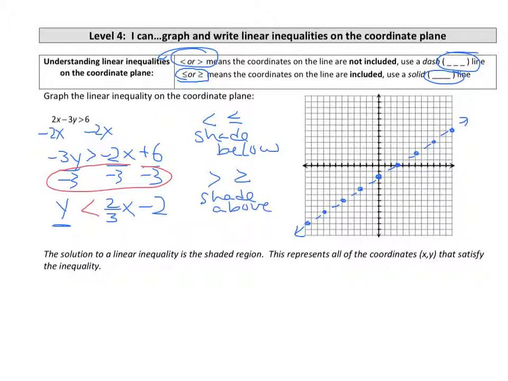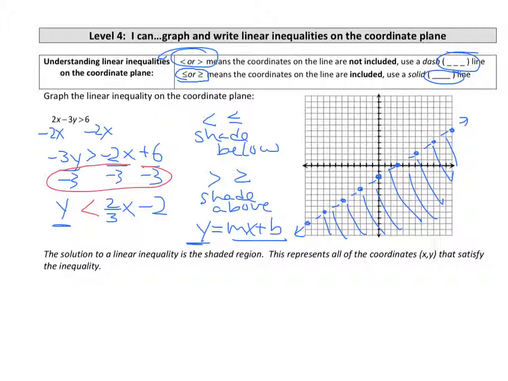Now to use these rules, it has to be in y equals mx plus b form. So the y has to be on the left side, the rest of the equation on the right side. So in this case, we have a less than symbol. We're going to shade below the line. So the shaded region represents all the solutions to this inequality.